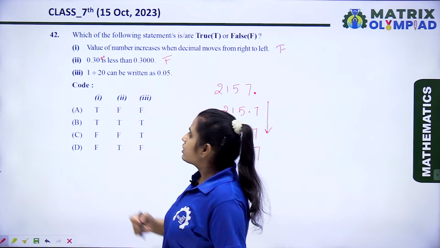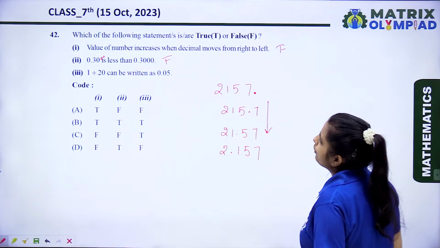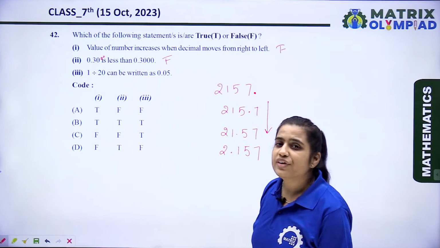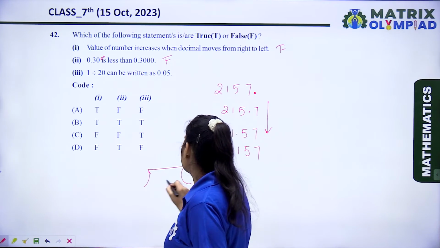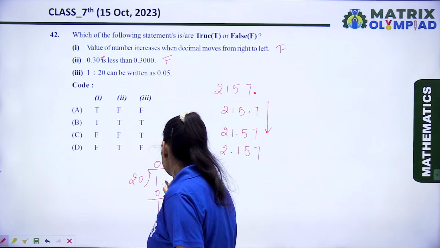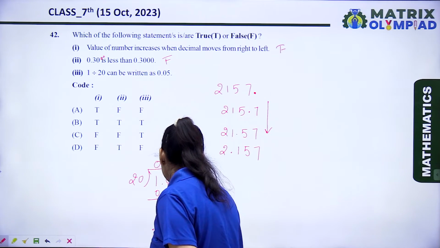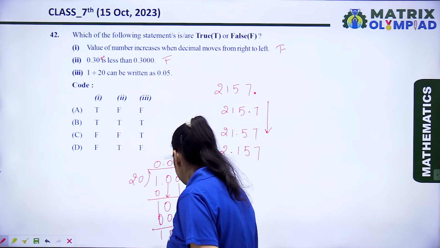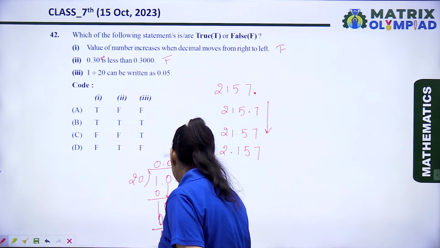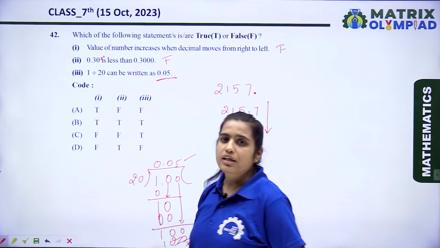The next statement is 1 divided by 20 can be written as 0.05. So here the statement is true because if we divide 1 by 20, we get 0.05 as the correct answer.